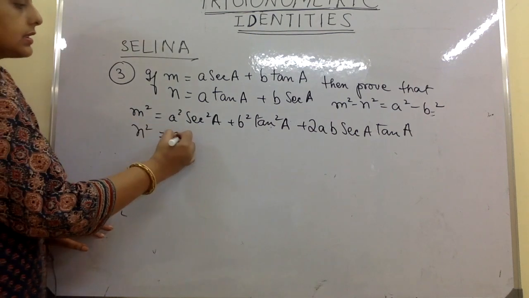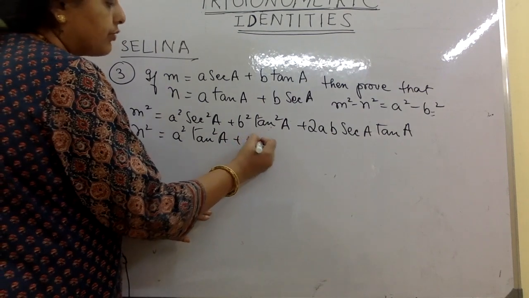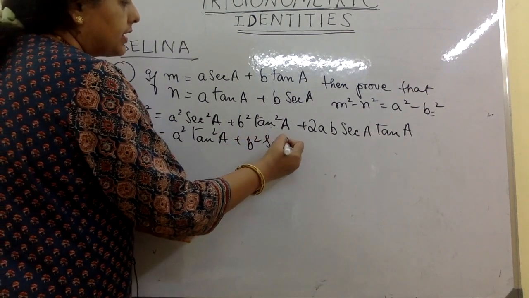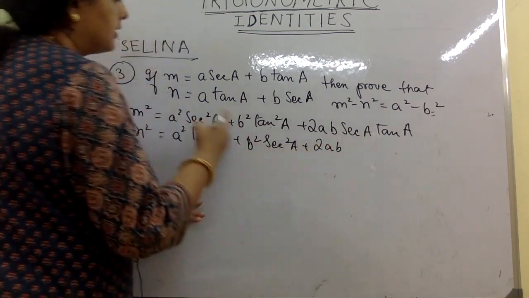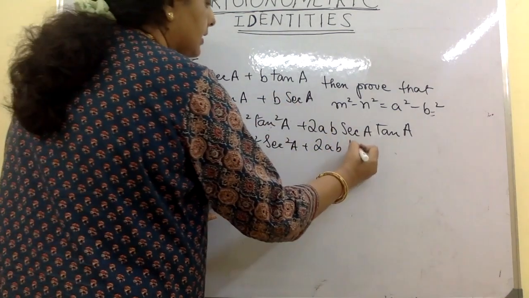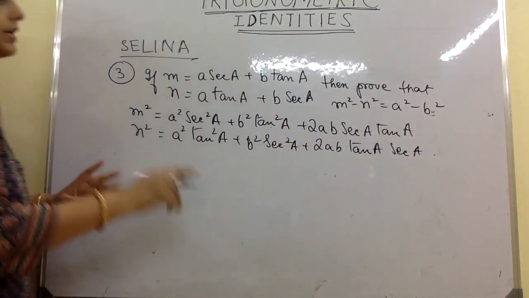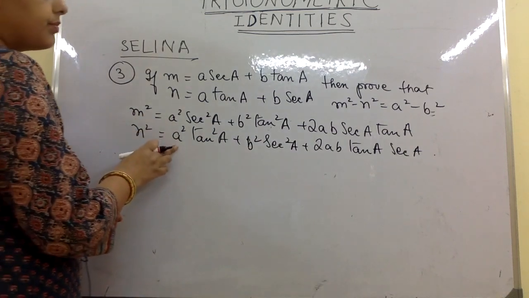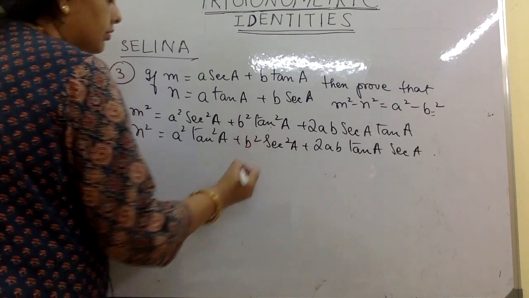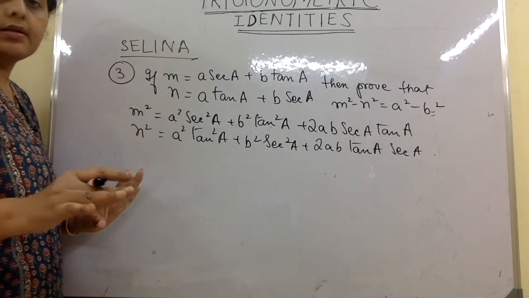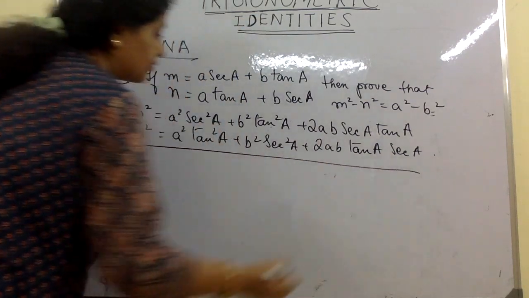N square is a square tan square a plus b square sec square a, plus 2ab sin a tan a sec a. So I have squared them and written them. Note one thing, a and a together, b and b together. Now I am going to subtract, because I saw a minus sign here, so I am going to subtract the two equations.